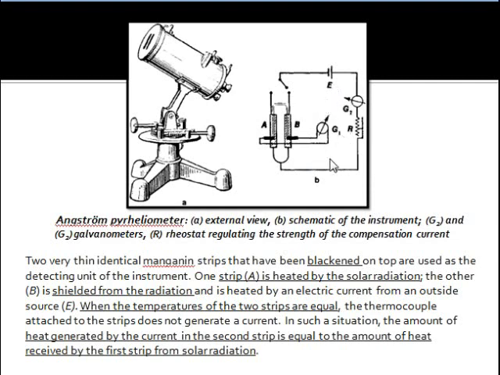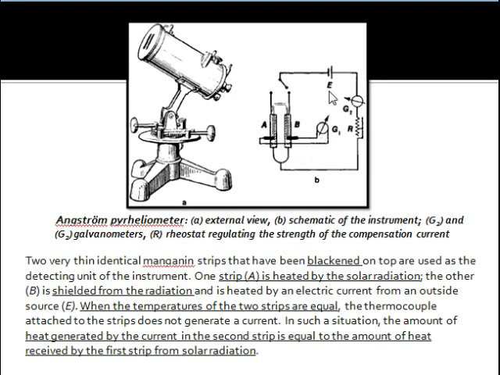The power that we supply for heating the second strip is measured with the help of a second galvanometer, and the heating is done such that these two surfaces come to the same temperature. When these two strips come to the same temperature, there will not be any EMF, because the thermocouple will not find any temperature difference between the two junctions.